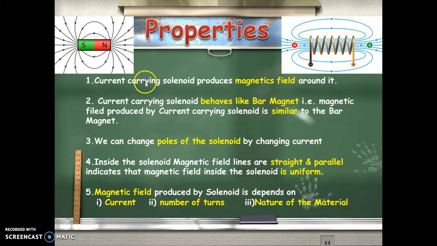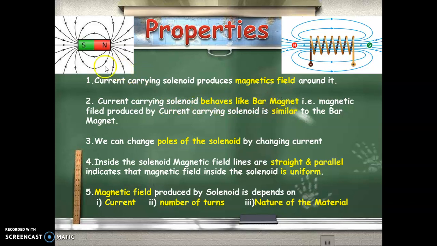So first, a current carrying solenoid produces a magnetic field around it. Yes, we know that because according to the magnetic effect of electric current, this is an insulated conducting wire. So if you pass some current through it with the help of a battery, it will definitely produce a magnetic field around it. Second, a current carrying solenoid behaves like a bar magnet.